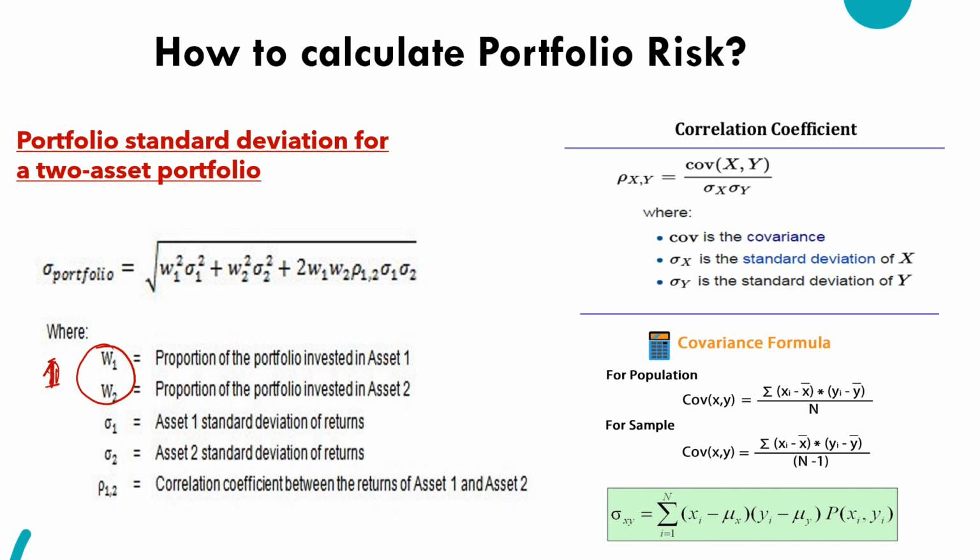The second factor is the respective standard deviation of that individual asset in the total portfolio. And the third one is the correlation between each pair of assets of the portfolio. So these are the three factors involved in calculating portfolio standard deviation.